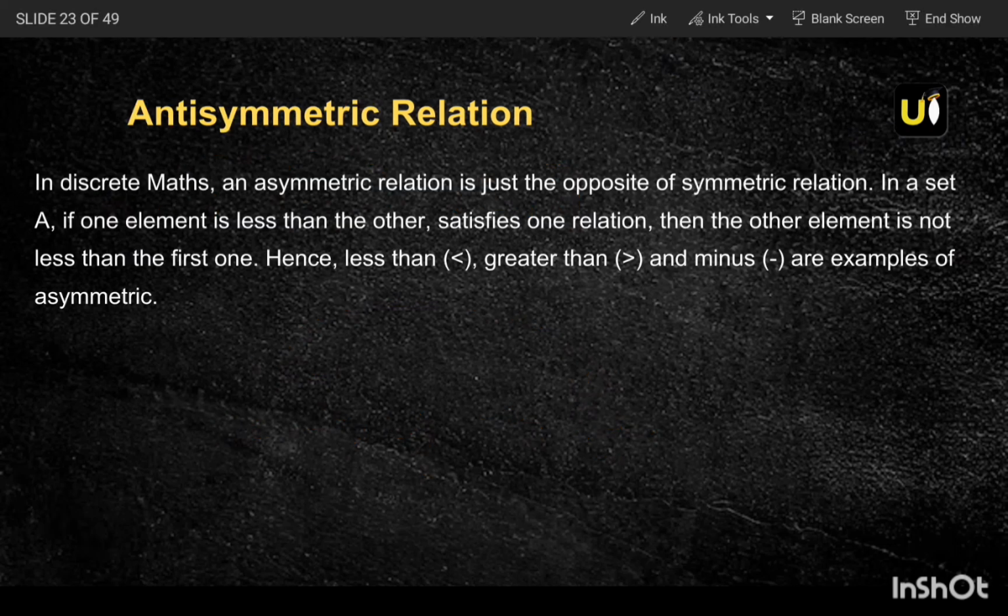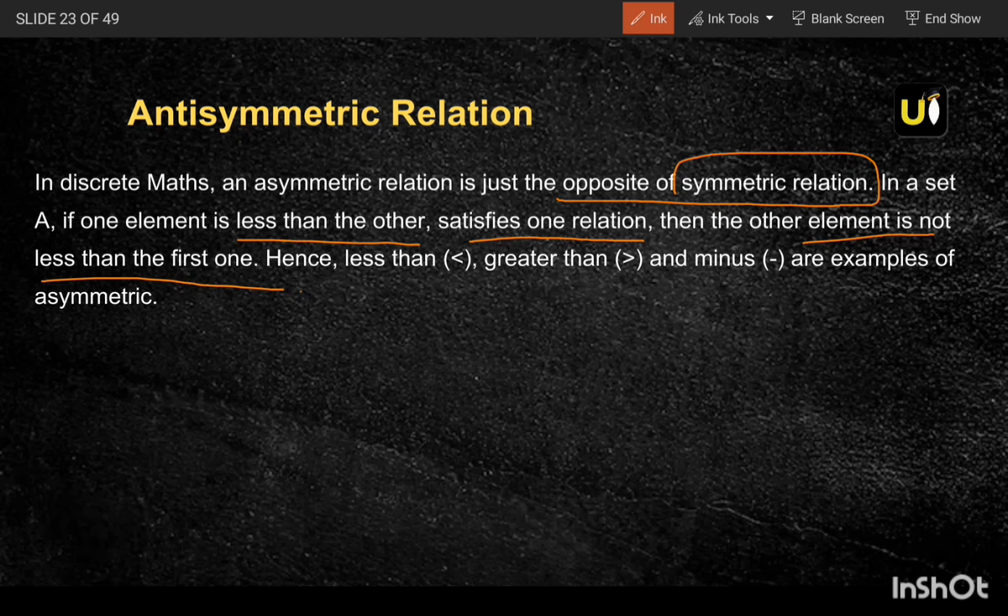Next, antisymmetric relation. An antisymmetric relation is just opposite to a symmetric relation. In a set A, if one element is less than the other and satisfies the relation, then the other element is not less than the first one.